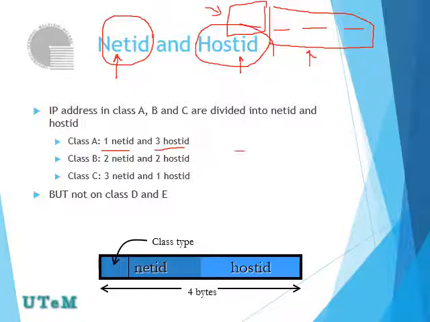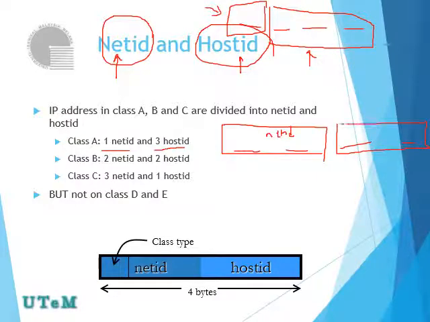Class B, the first 2 octets are assigned as netid and the last 2 octets are for host.